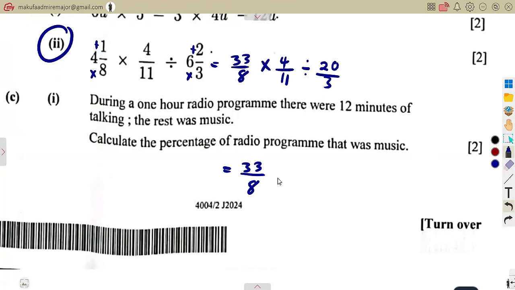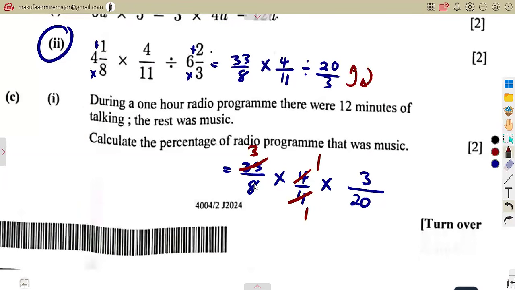33 over 8 times 4 over 11 times, you invert the second fraction after the sign, after the multiplication. That is the one that you change. So it's 3 over 20. With this, we can reduce our numbers, guys. The 11 here, which is 3, the 4 here, which is 1, the 4 here, which is 2.